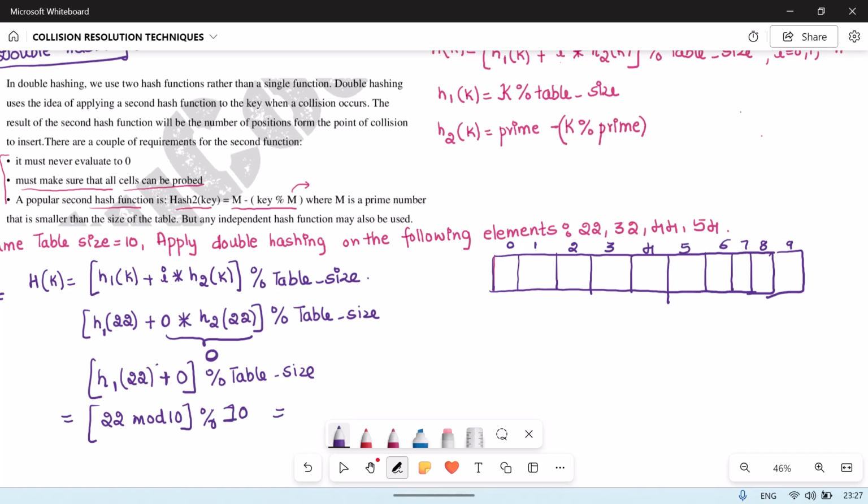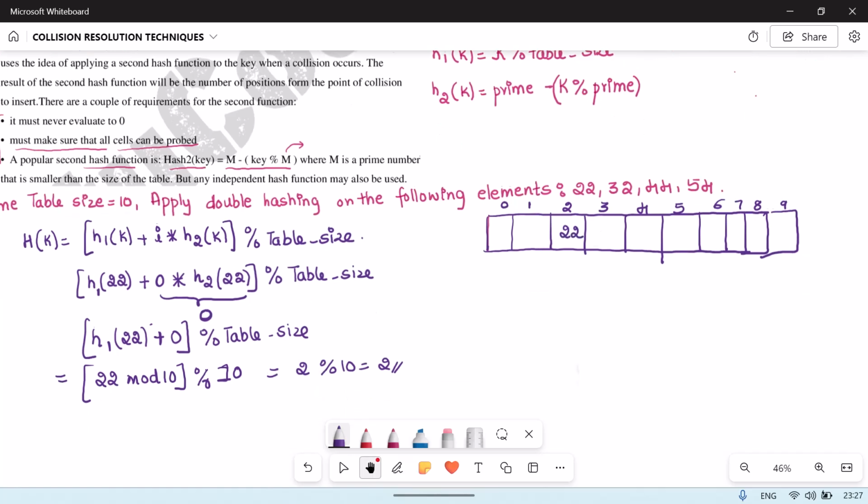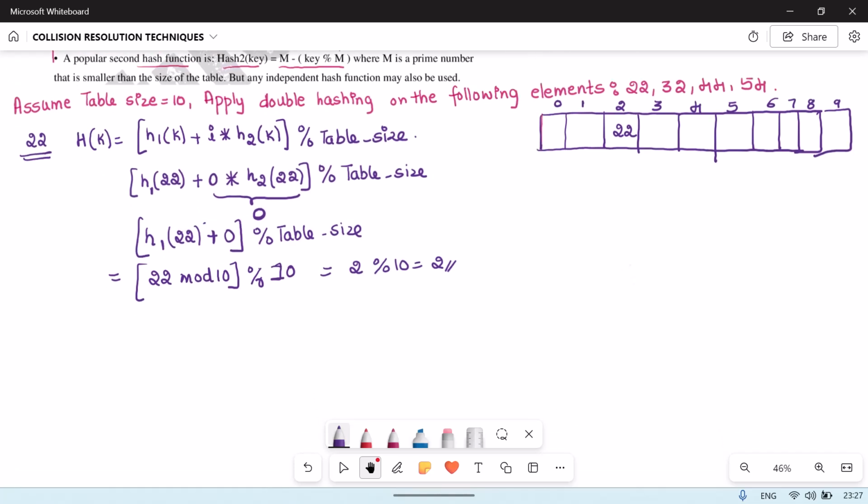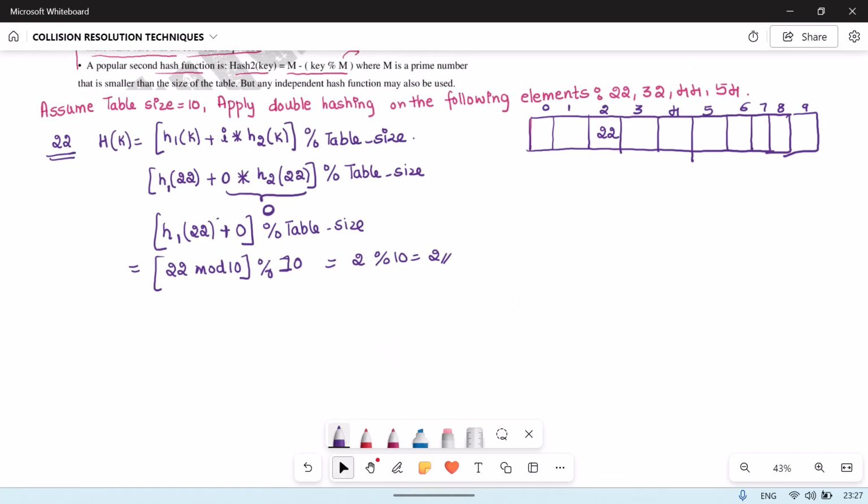So 22 mod 10 is 2, again mod 10 it is 2 itself. So what you are supposed to do is place this 22 here. I hope this part is clear, while inserting the first element 22.